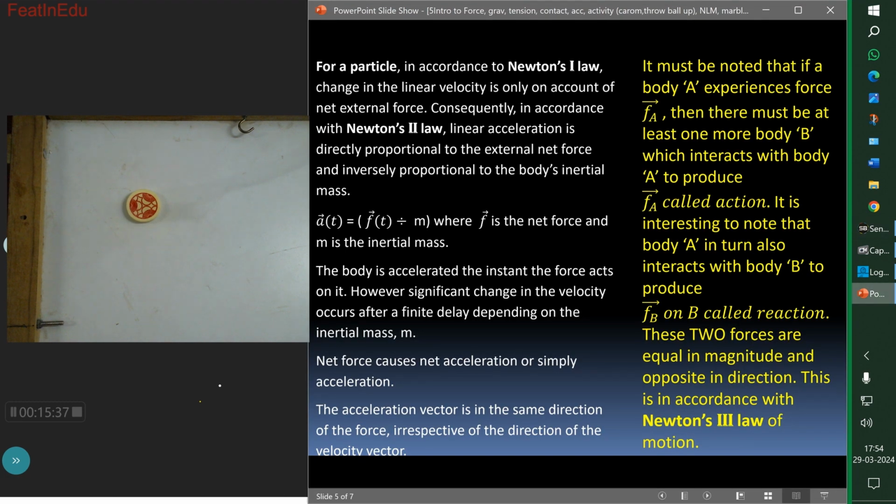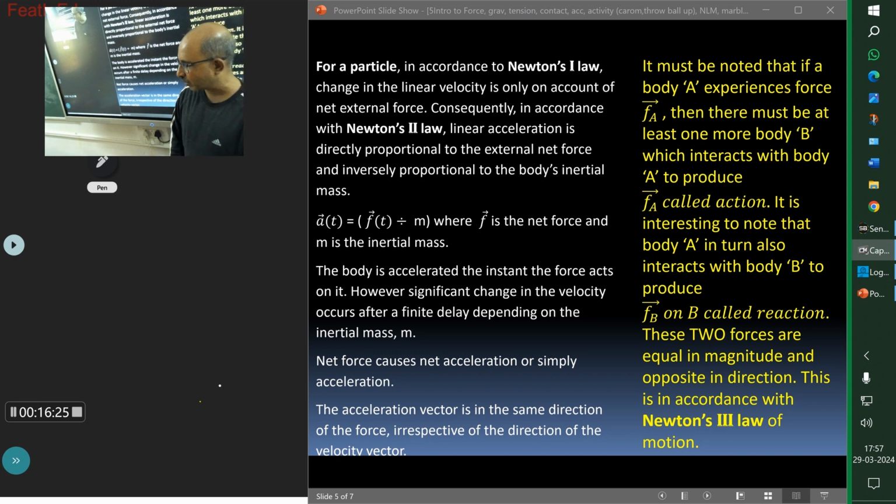Right. It must be noted that if a body A experiences force Fa bar, then there must be at least one more body which interacts with body A to produce force Fa. Understand? See, now I am pushing the striker, so the striker's motion has changed. That means force is acting on the striker.